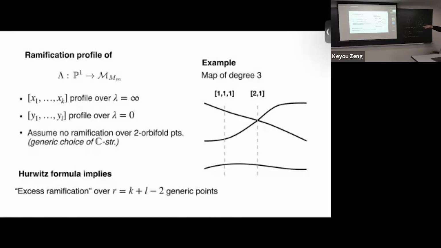If there's no ramification, that would be 1, 1, 1 type, okay? On the right, well, we have 2 sheets coming together, that's a 2, but we still have a 1 down below, that's 2, 1 type. So we record the information of this ramification profile over the point at infinity, which is always a cusp, and that A orbifold point at 0.